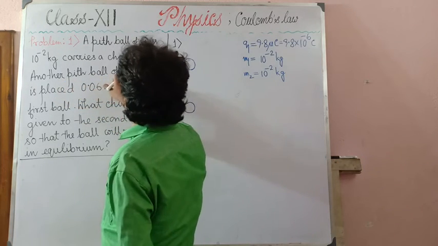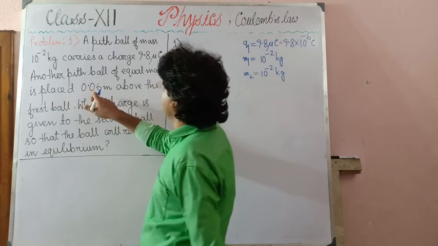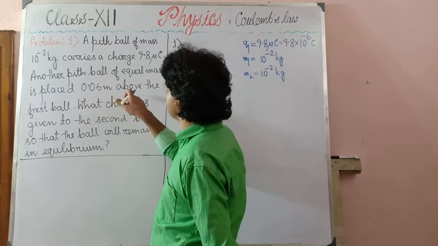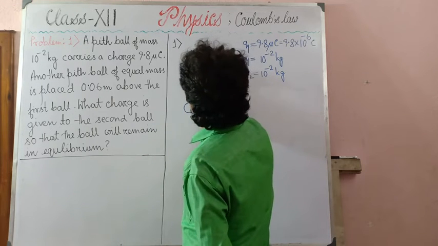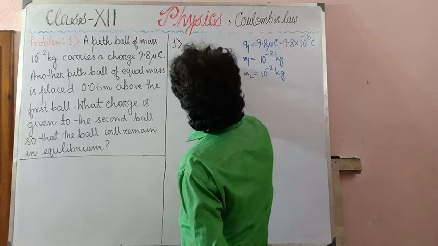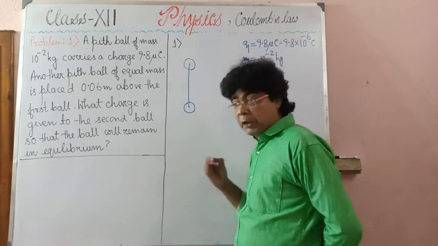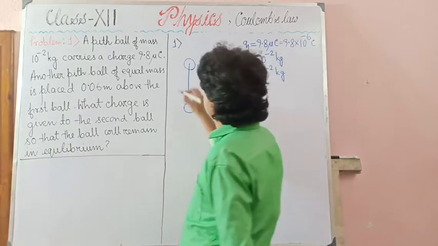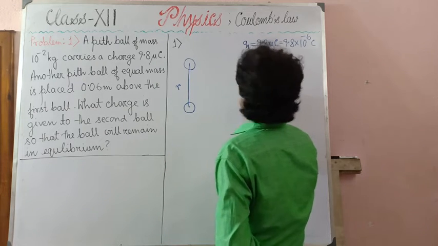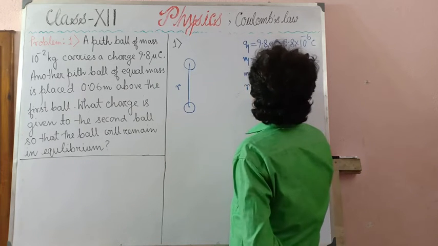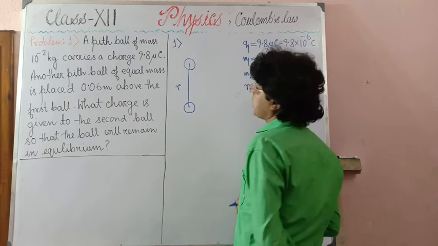So, the separation between the two pith balls R equals 0.06 meter.